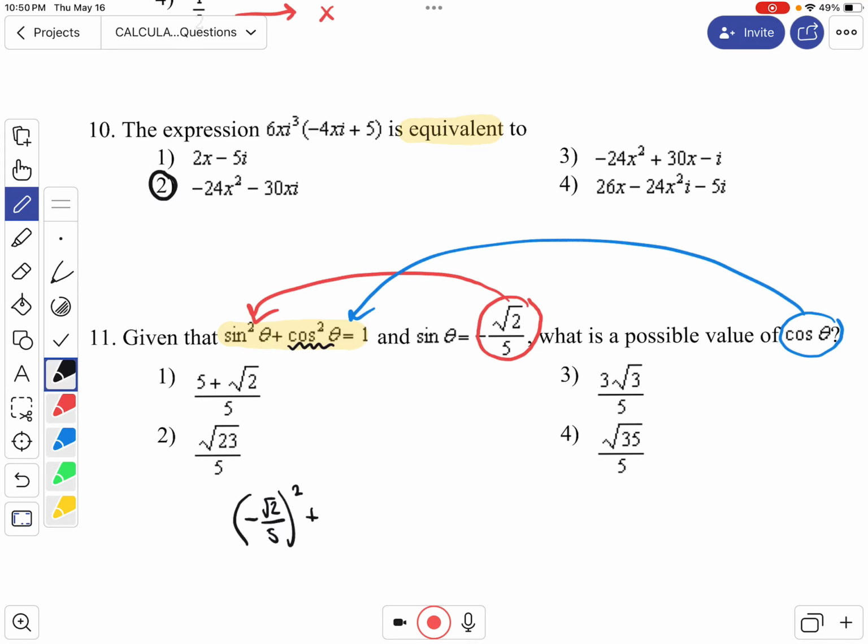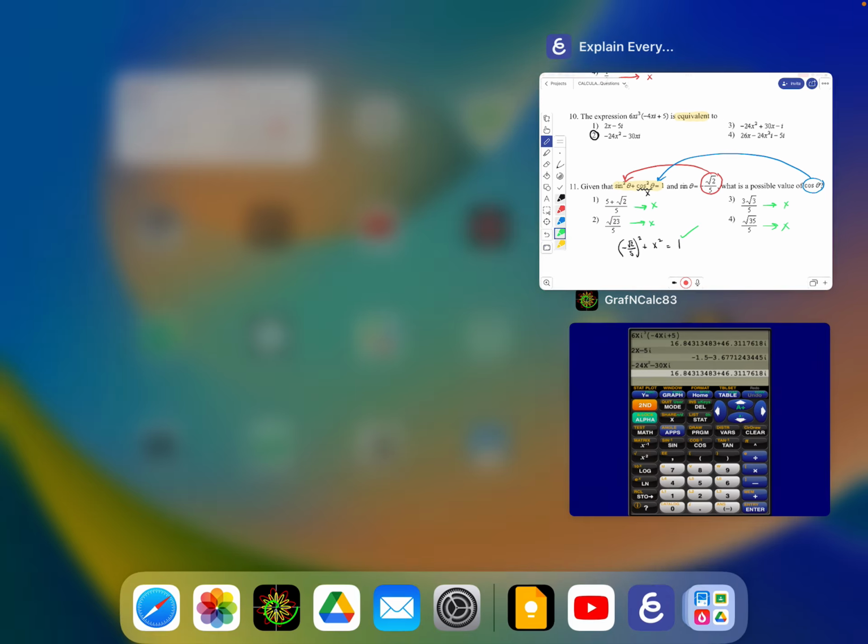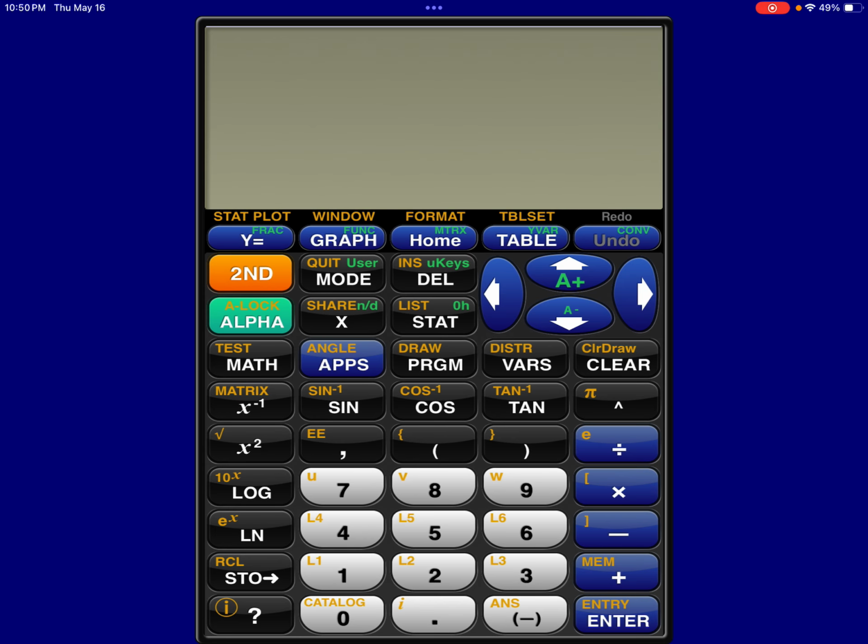plus cosine, and just for calculator purposes, I'm just going to call this x is equal to 1. So what I'm going to do here is store each of these in for x to see which one works out and gives me 1. All right, so the first one is 5 plus radical 2 over 5.